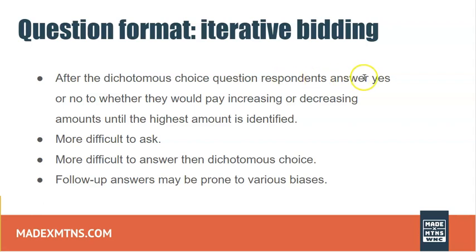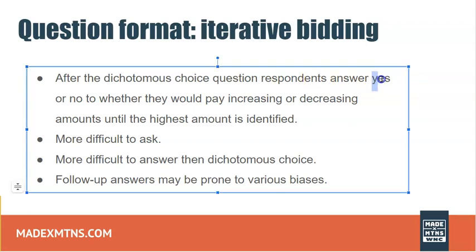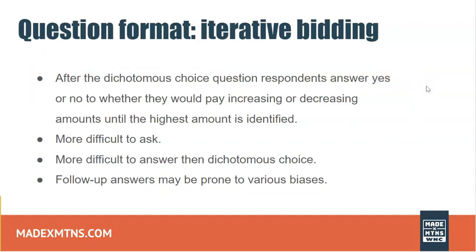Okay, so if the survey respondent answers yes to a willingness to pay question, you can raise the dollar amount and see if they would pay that. If they say no, then you could lower the dollar amount and see if they pay the smaller amount. And you can keep doing that until you reach a small range of dollar amounts, and the willingness to pay estimate would be within that range.